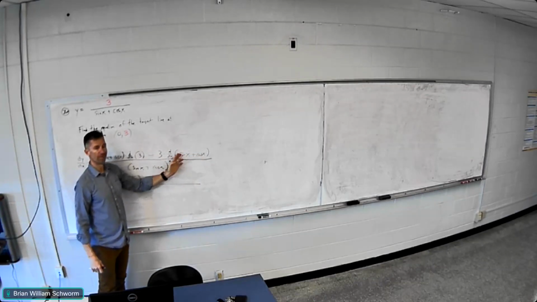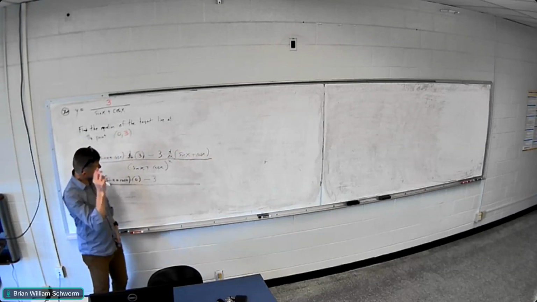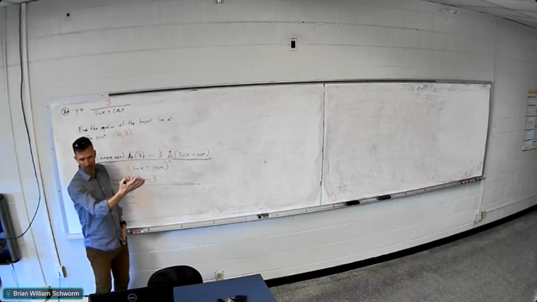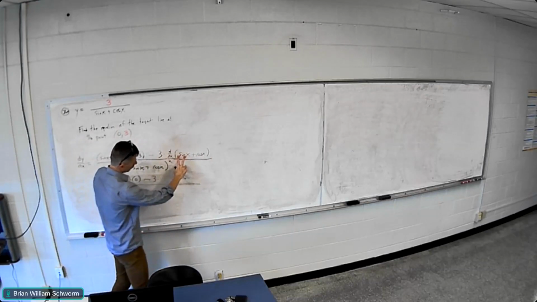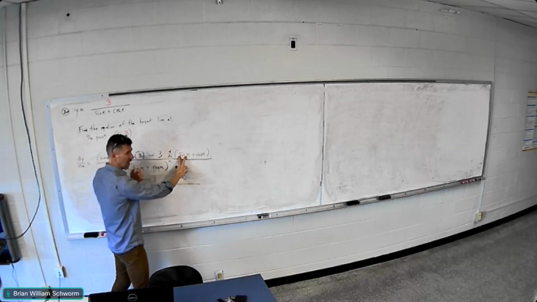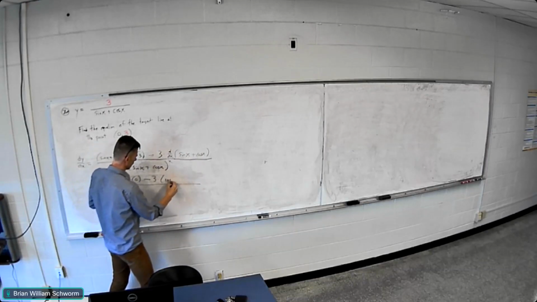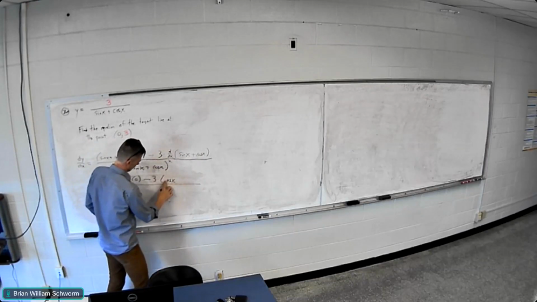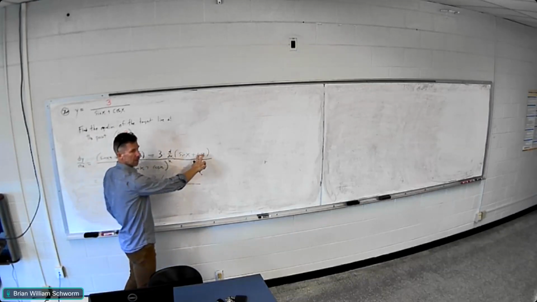We can do the derivative of each one individually. The nice thing about sine and cosine is the derivative is just the opposite one, but there's a negative sign in there. Derivative of sine is positive cosine. Derivative of cosine is negative sine.